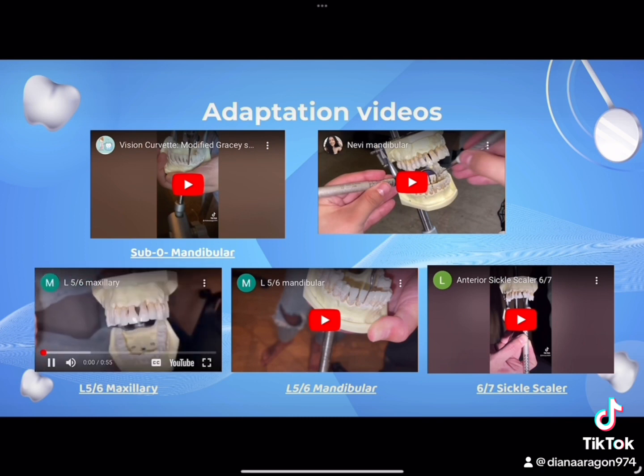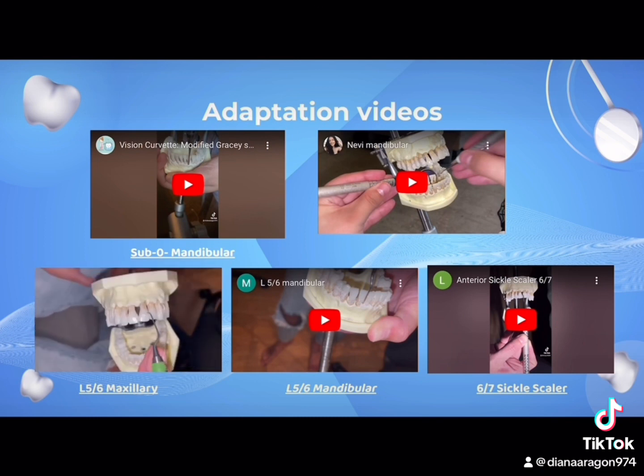So when scaling the maxillary with the Langer 5/6, I'm going to keep the toe third adapted. I'm going to start rolling earlier. And then make sure that the terminal shank is parallel with the long axis of the tooth.